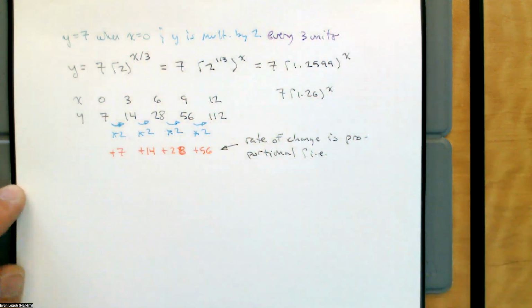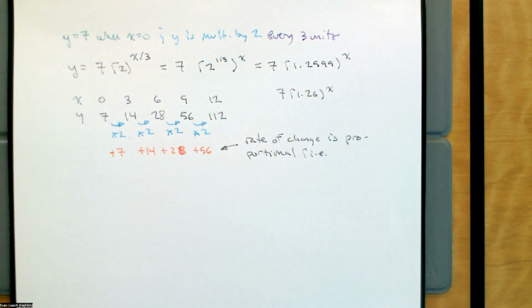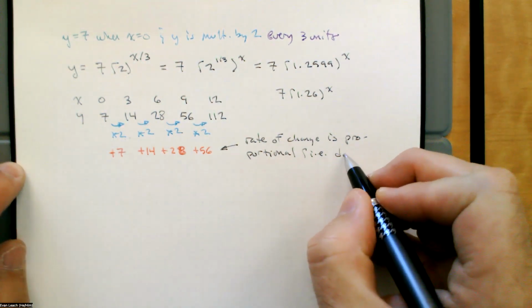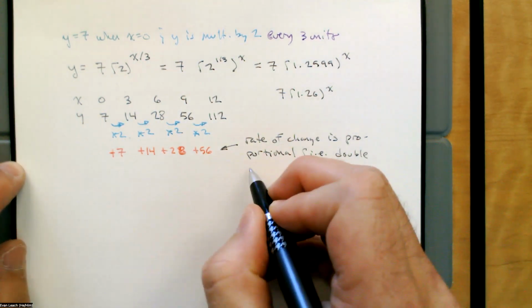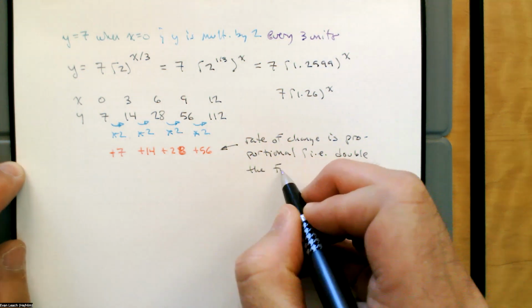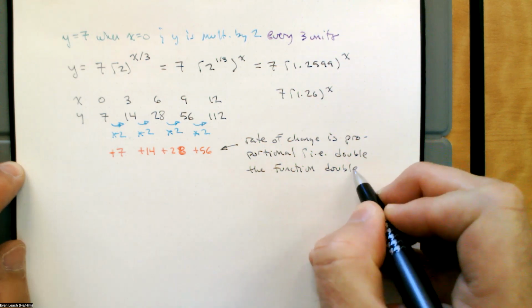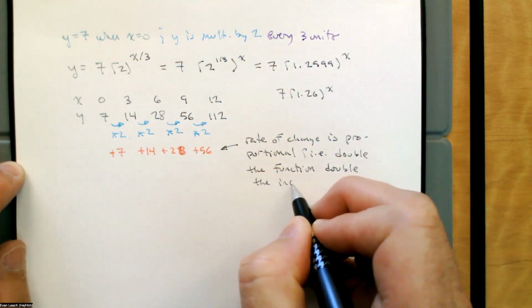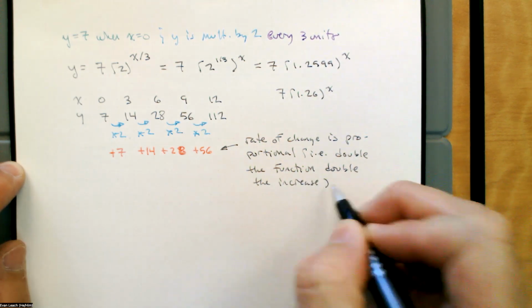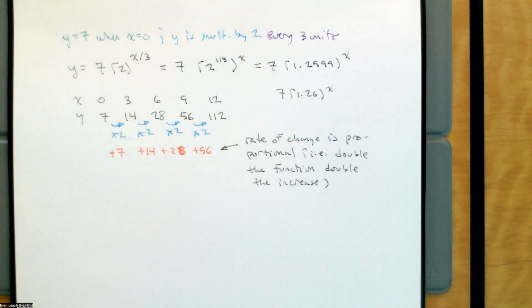That is, when there's twice as much function, the increase is twice as much. A double-sized population will be growing twice as fast.